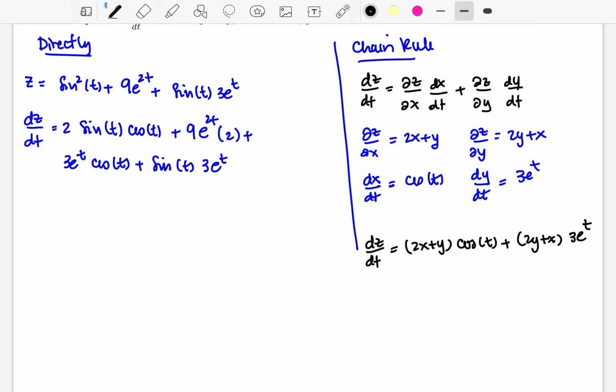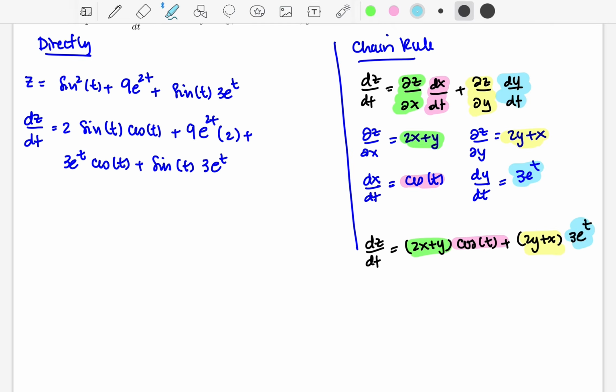Okay, so one more time, let me color code this a little bit. So dz/dx is 2x plus y, which is right here. And then dx/dt is equal to cosine of t, which is right here. And then dz/dy is equal to 2y plus x, which is right here. And then finally dy/dt is equal to 3e^t, which is right here.